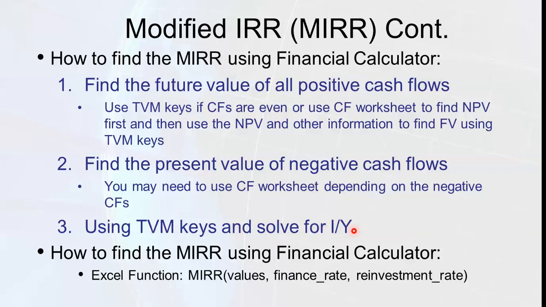That is the modified internal rate of return. Or you can use the Excel function. You can use equal to MIRR and select all the values and put the finance rate and reinvestment rate. That rate could be the discount rate in both cases. So you have to select both of them and you're going to get MIRR.